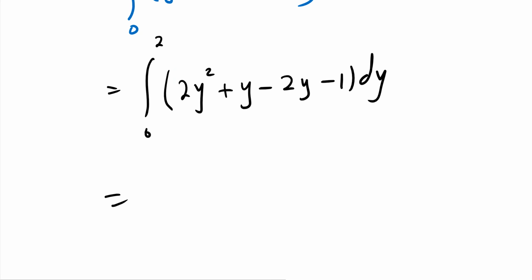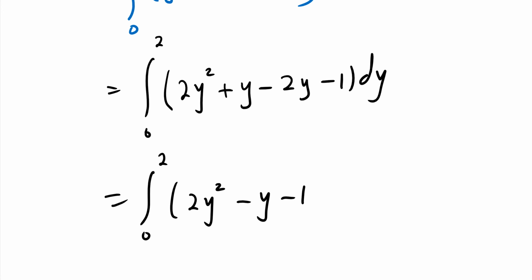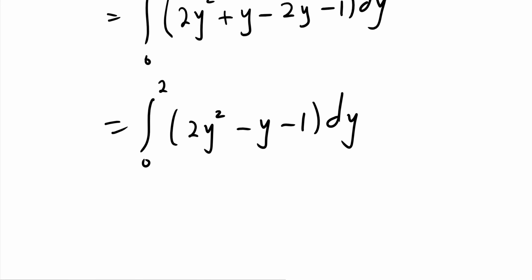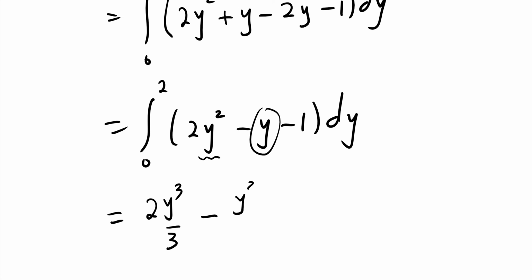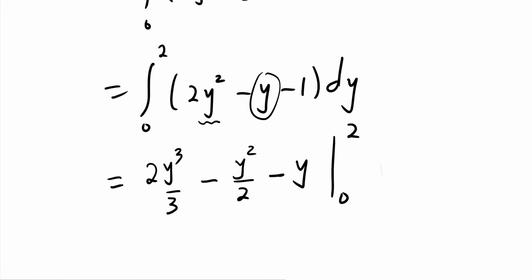Then this gives us the integral from 0 to 2 of 2y squared minus y minus 1 dy. Now we're going to find them one at a time. For the first one, keep the 2 out. The antiderivative for this is y to the 3rd over 3, minus the antiderivative for this, which is y to the 2nd over 2, minus the antiderivative of 1, which is y, from 0 to 2.